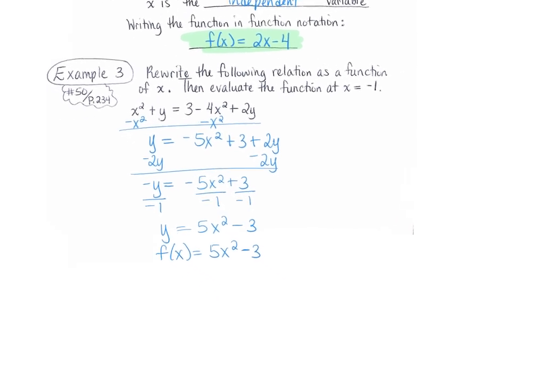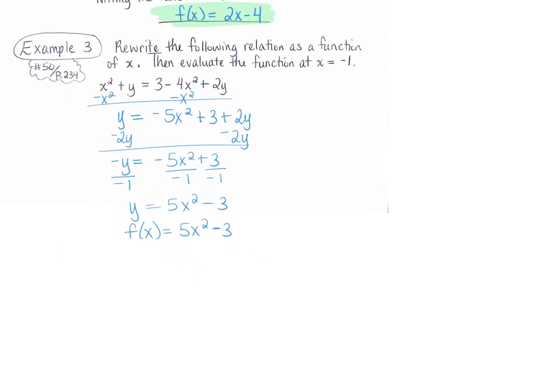So we've done the first part of the instructions for our example. We've rewritten the following relation as a function of x. Now what do we have to do? Substitute x equals negative 1 into your function and evaluate.